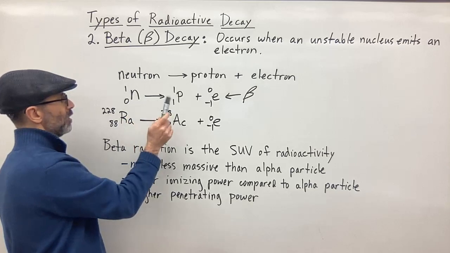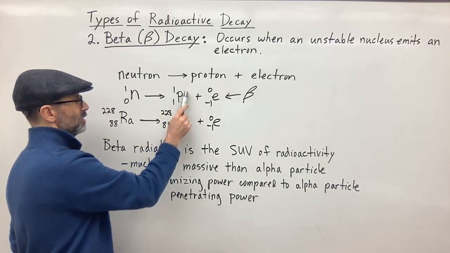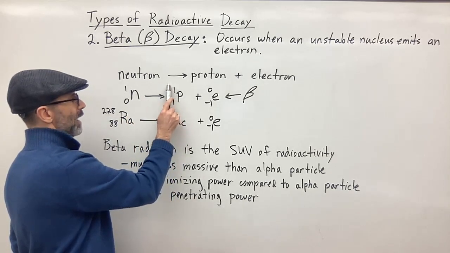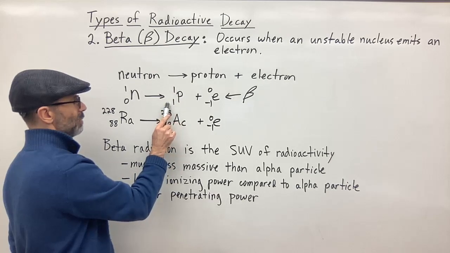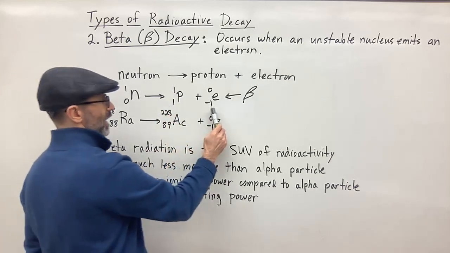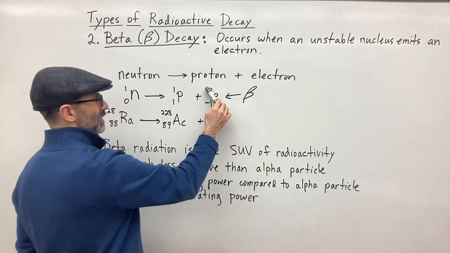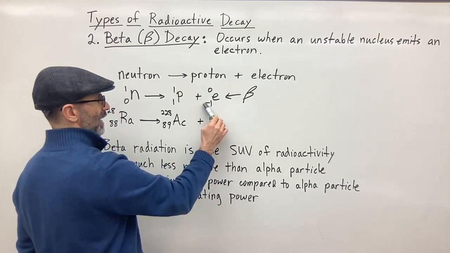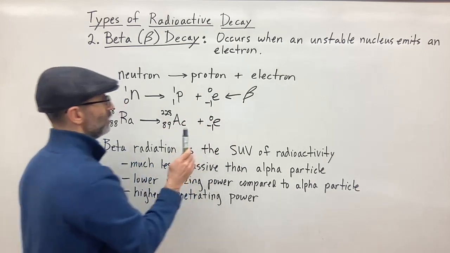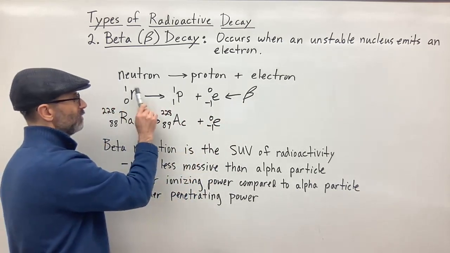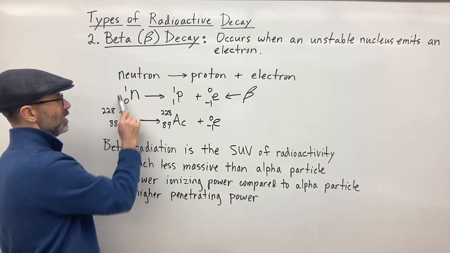And that's going to break apart into a proton, whose symbol is a P with a mass number of 1 and an atomic number of 1. And then we have our beta particle, which is the electron, and it has a 0 mass number and a -1. And again, you can see that the mass numbers and the atomic numbers balance out.